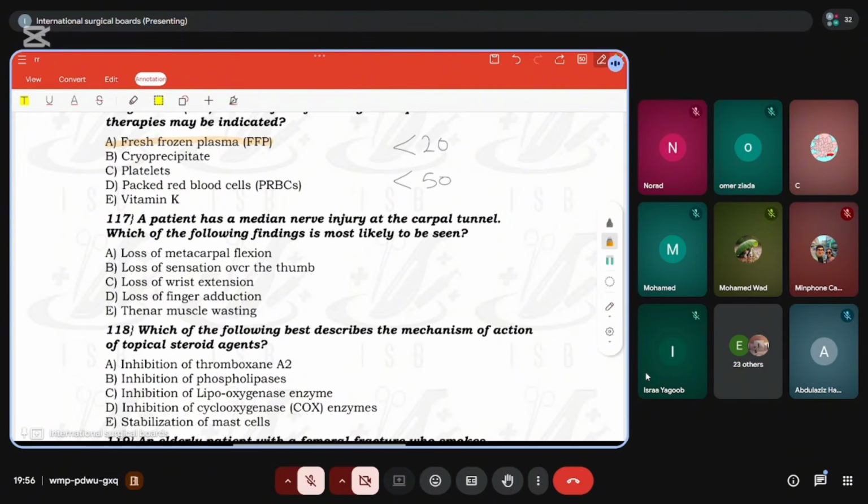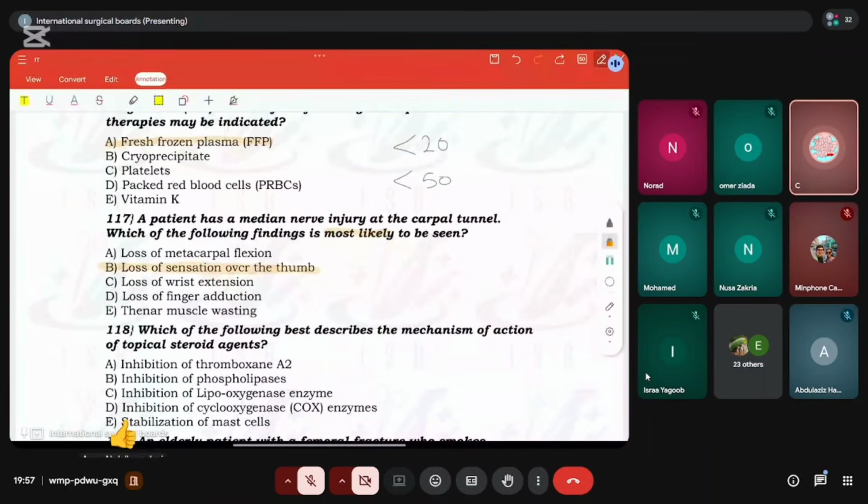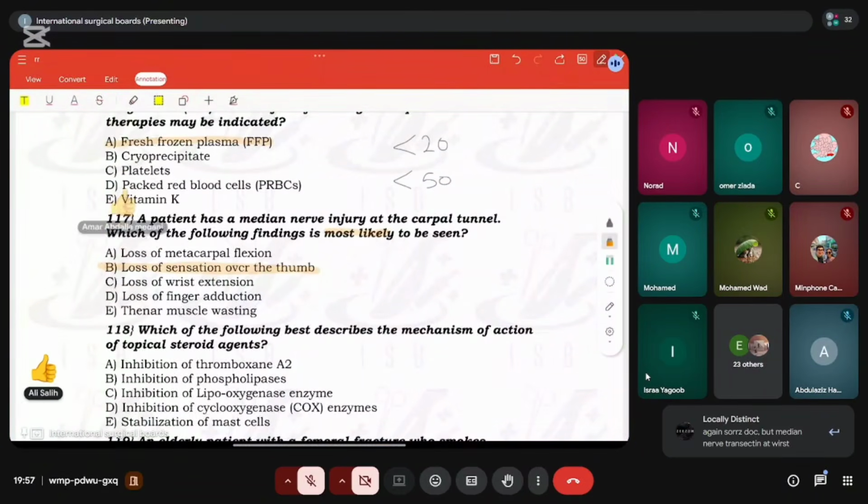But most patients present with sensory symptoms first. The majority of patients present with sensory symptoms. Paresthesia, especially when there is flexion at the wrist, or if there's tapping in front of the wrist. This is the most common manifestation that you see every day in your clinic, right? So B, in my opinion, is the most likely manifestation. What do you think, guys? Yeah, I agree with you. Sensory symptoms much more common.